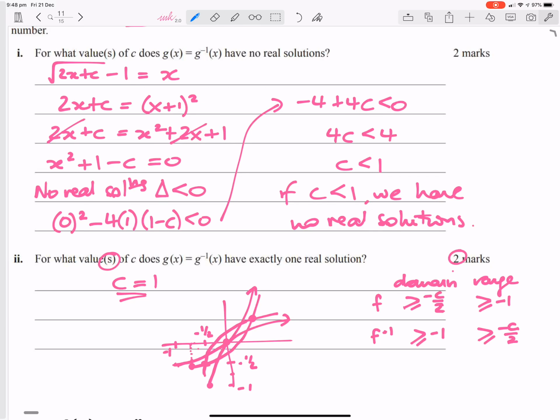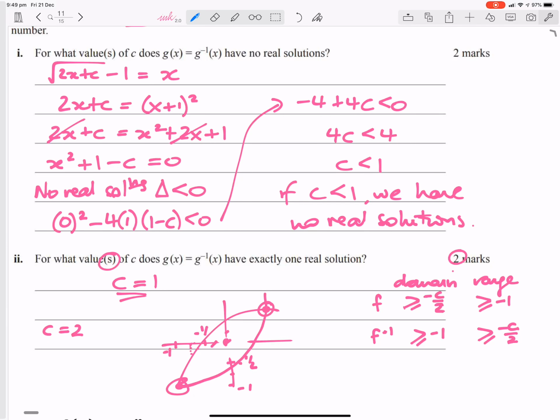What about when c equals 2? So let's get rid of all these graphs. If c equals 2, we're going to get negative 1, negative 1, and it's going to look something like that. And I get negative 1, negative 1, it's going to look something like that. So we know this thing here has 2 points of intersection.